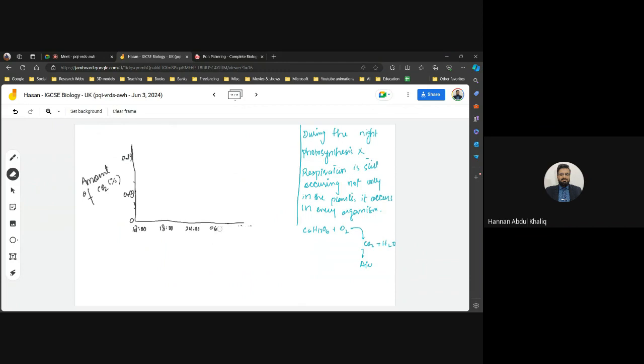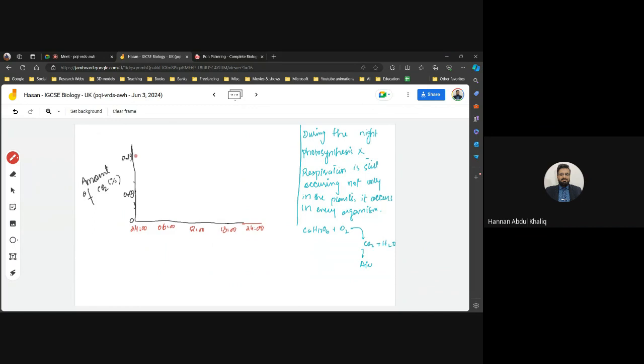Hold on. Let me change the scale on the x-axis. Let's do night and then day. Let's say 2400 hours, then 0600 hours, then 1200, then again 1800, and then 2400.